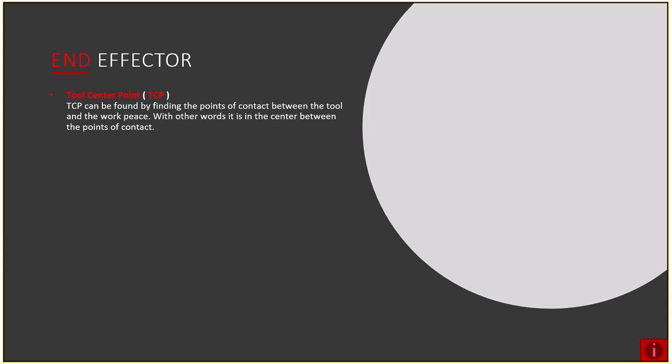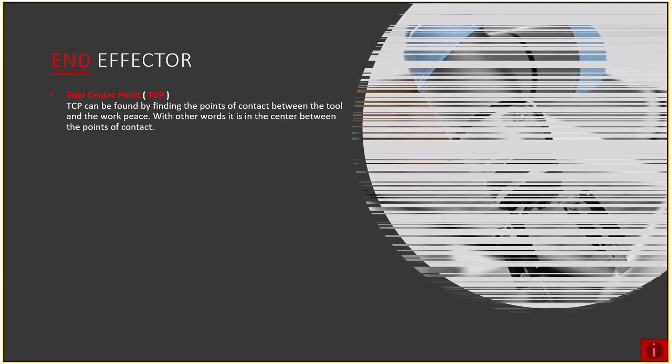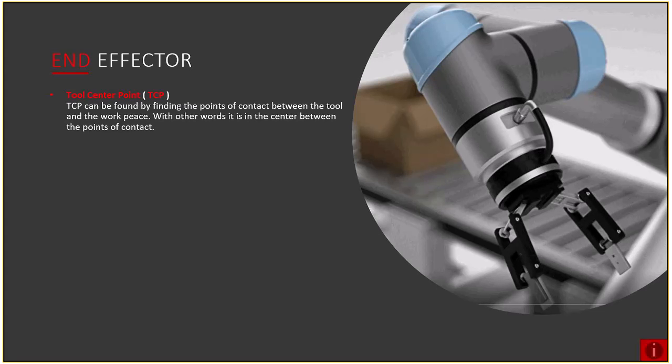Before we can start programming the robot, you will have to learn what the TCP is, which stands for tool center point. TCP can be found by finding the points of contact between the tool and the workpiece. In other words, it is the center between the two points of contact. When you look at this arm, the gripper is connected to a tool flange on it.